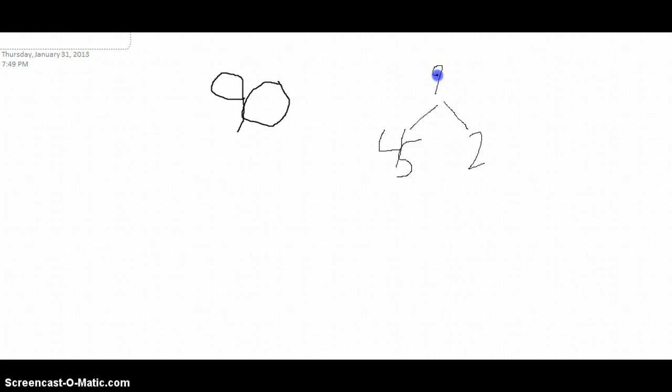And so now we're back, and since we know 2 right here is a prime number, we don't do anything with that, and we make those little branches on 45.